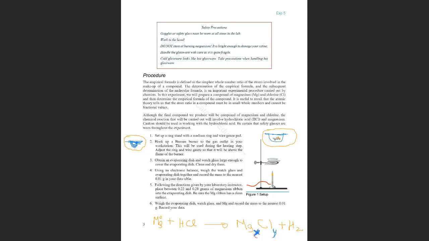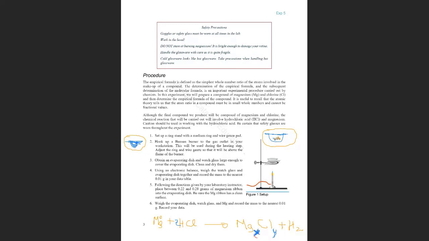So we are going to have a number here to balance the equation. By the way, we have seen this reaction in the previous experiment, and we know how to write magnesium chloride.